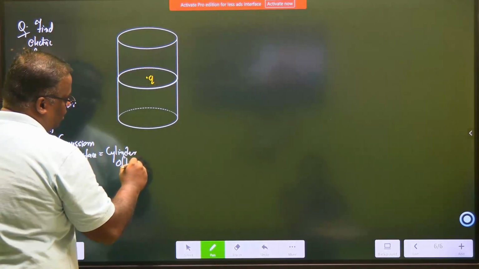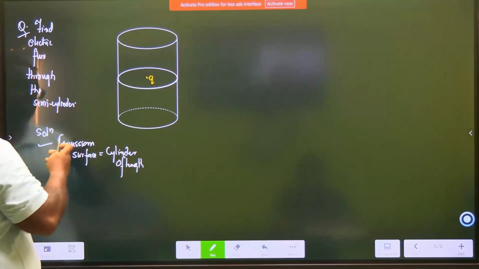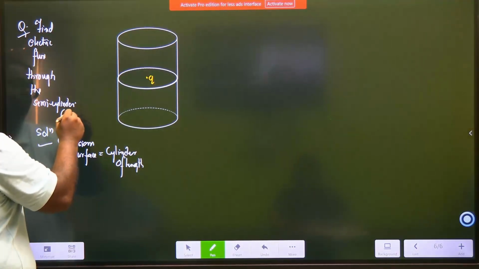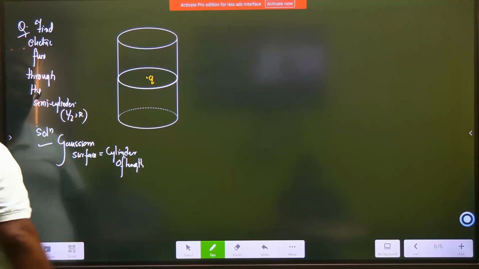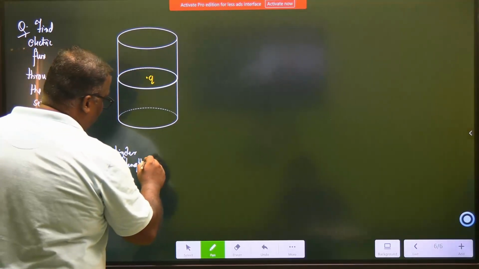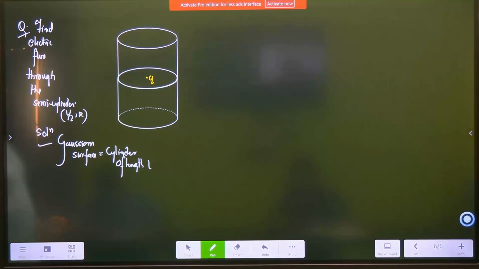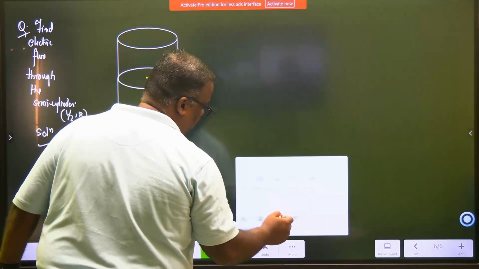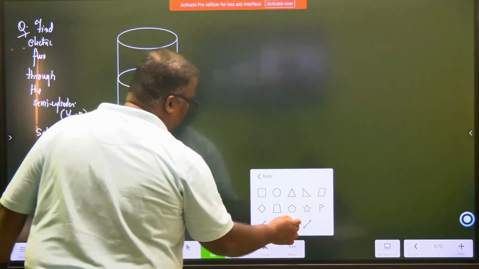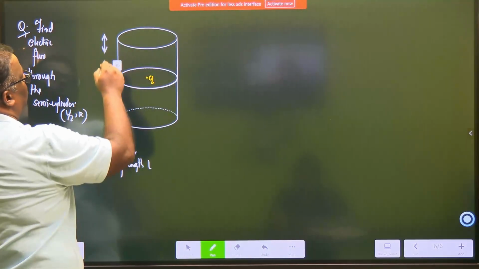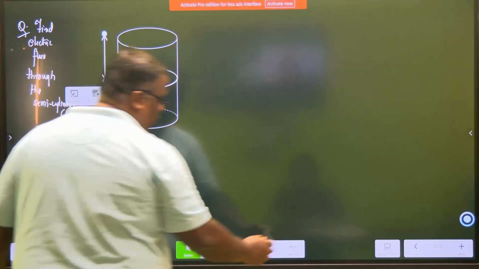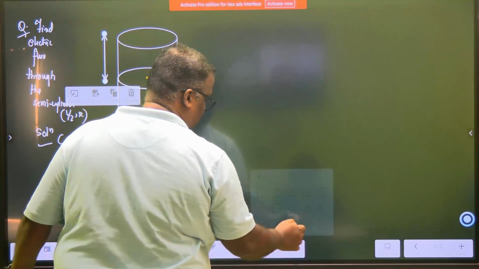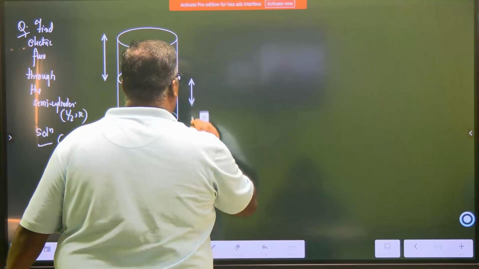They told you that this is a semi-cylinder, so let's say this semi-cylinder was given to you with a length of L by 2 and a radius of R. So the Gaussian surface is a cylinder of length L, and this much is L by 2 and this much is also L by 2.